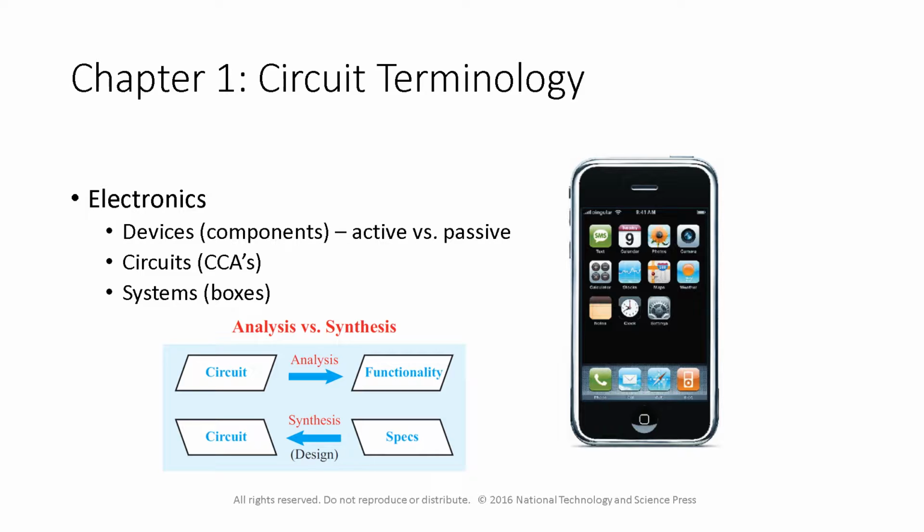So, for instance, if there's a signal coming into a piece, and that signal, as it gets louder or stronger, allows more electricity to flow through it, that's a great example of an active. A passive is a piece where essentially the same amount of electricity flows in as flows out. There's nothing controlling that. So, a resistor is a great example of a passive device.